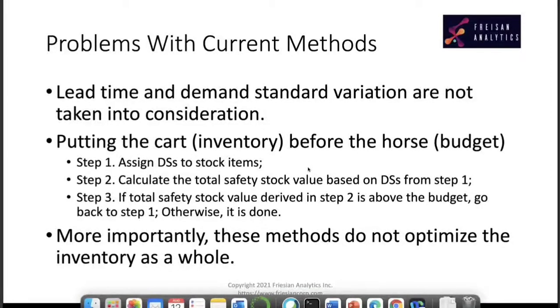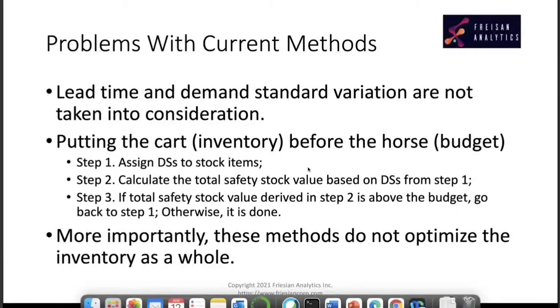The second problem is that with this approach, we really start with inventory, right? We look at hundreds of thousands or even more items, we assign DS to each item, right? We start with that process.